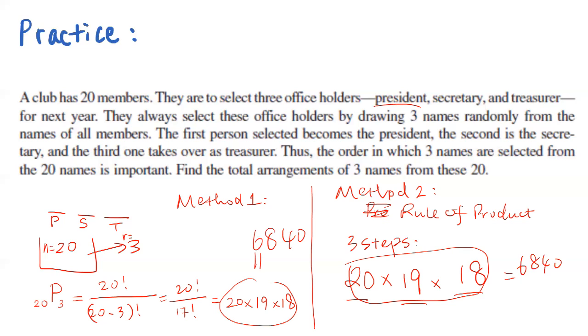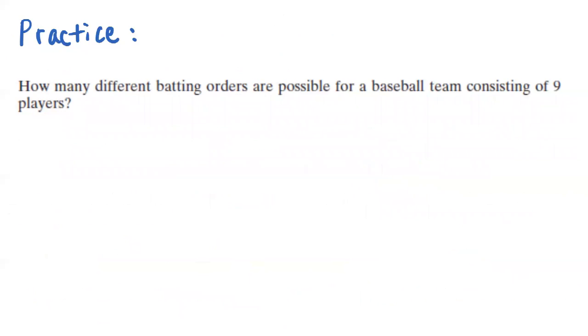All right. If you have no questions, let's see another example. How many different batting orders are possible for a baseball team consisting of 9 players? Okay, what does this mean? This means you have 9 players, right?